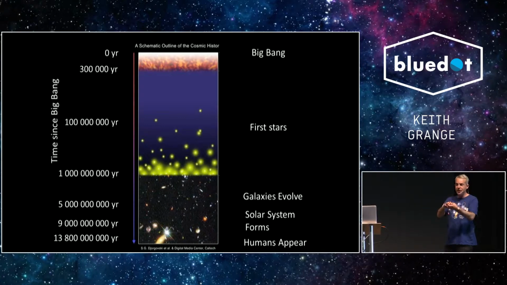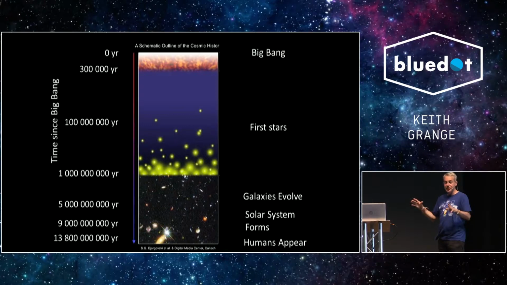Incredibly dense, incredibly hot, expanded very, very rapidly until after about 300,000 years, the universe had managed to cool to the point where you could form atoms for the very first time. There was then what's called the dark ages of the universe, where it's really rather hard to say what actually happened until the very, very first stars were born about 100 million years after the Big Bang.